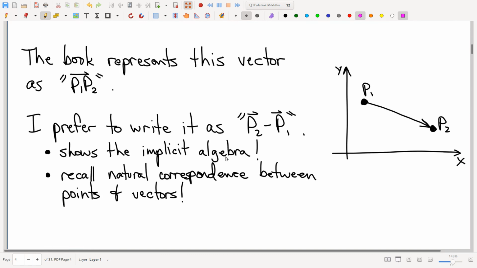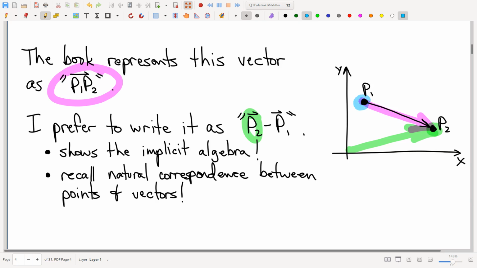The other little notational point I want to mention is how to represent this vector between 2 points, P1 and P2. And of course, P1P2, like so, is a natural thing to write. I'll point out, though, that P2, being a point, corresponds naturally to a vector.